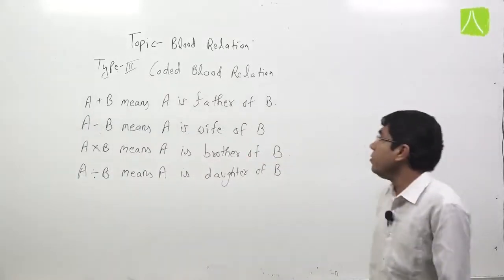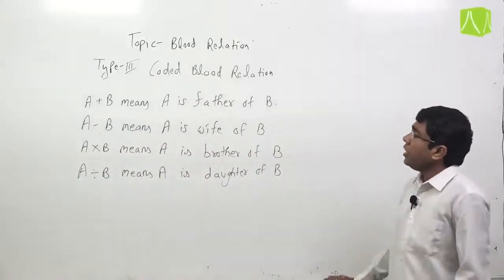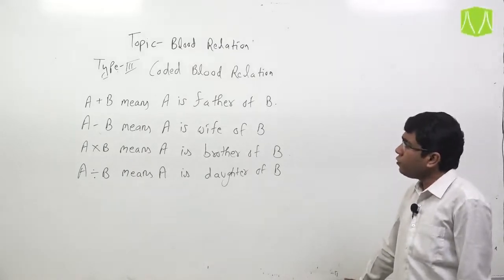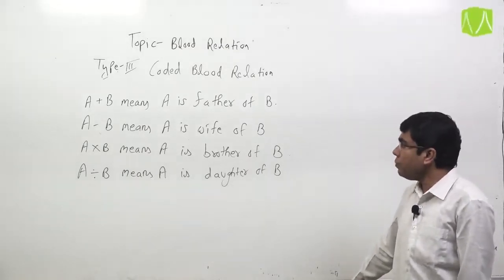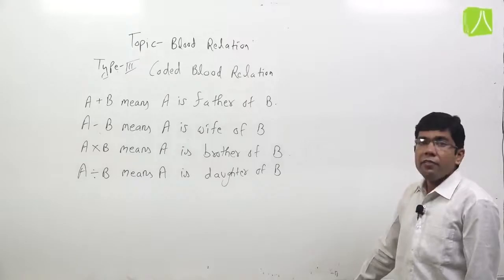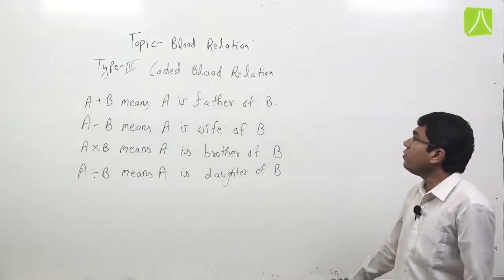A plus B means A is father of B. A minus B means A is wife of B. A multiply B means A is brother of B. A divide B means A is daughter of B.